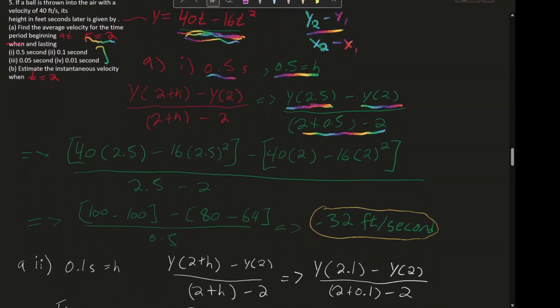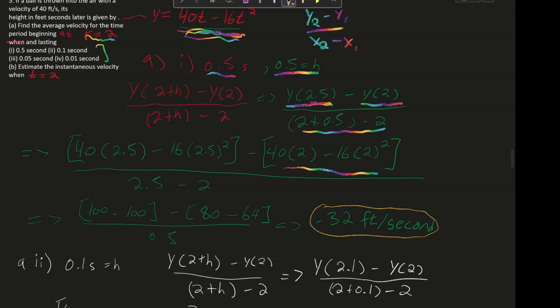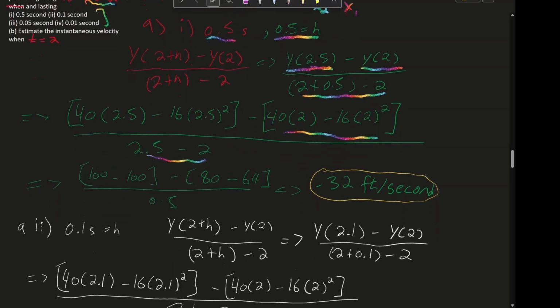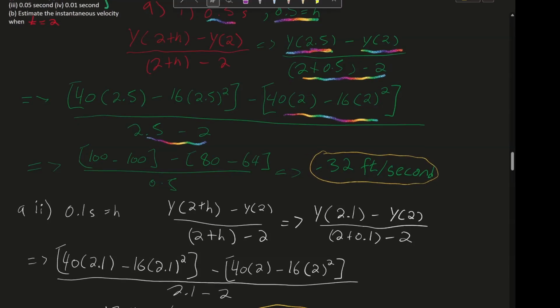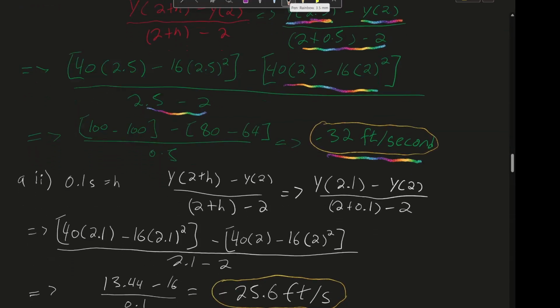You plug in 2.5 into 40 times t minus 16 times t squared: 40 times 2.5 minus 16 times 2.5 squared, this quantity minus 40 times 2 minus 16 times 2 squared, over 2.5 minus 2. And working that out, you get negative 32 feet per second.